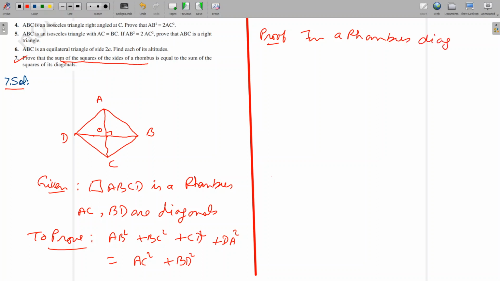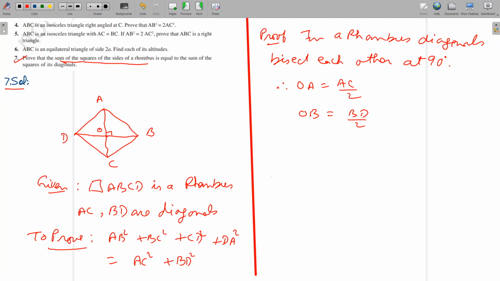Therefore, from the figure we will have OA equal to AC by 2, OB equal to BD by 2, and angle AOB equal to 90 degrees. Why are we taking triangle AOB?